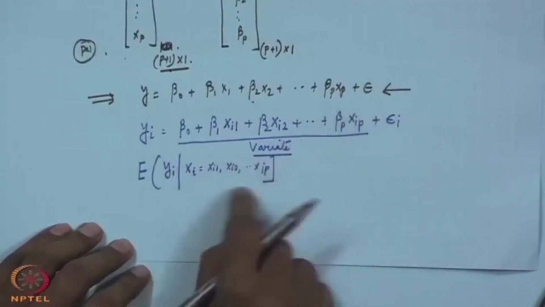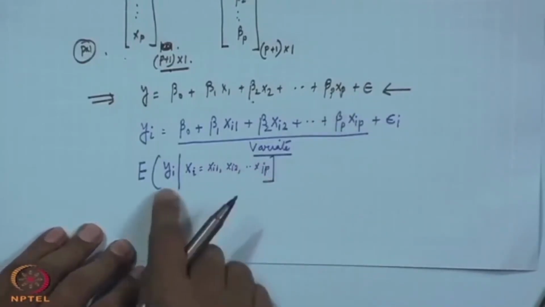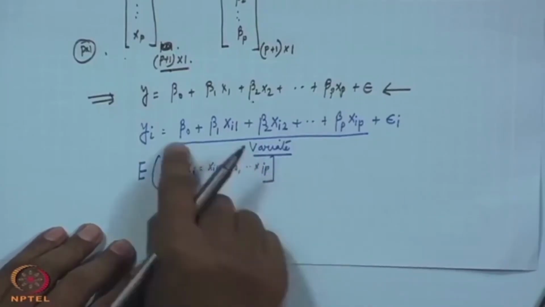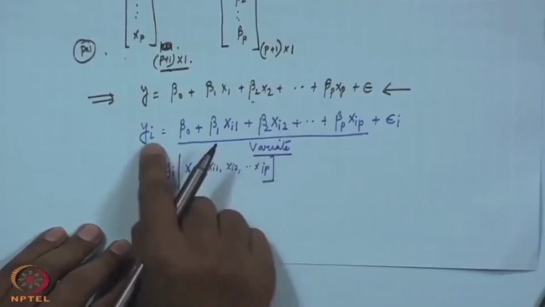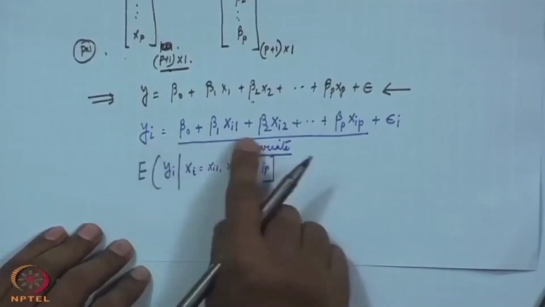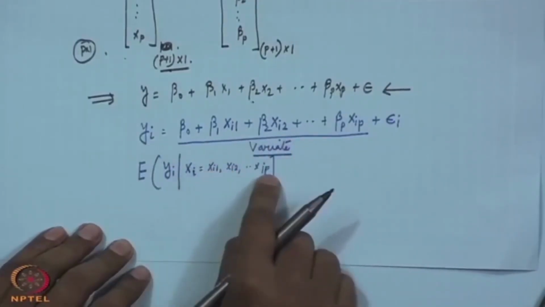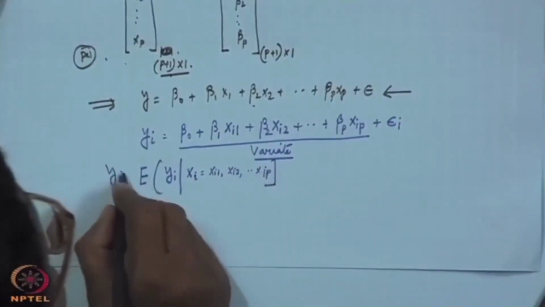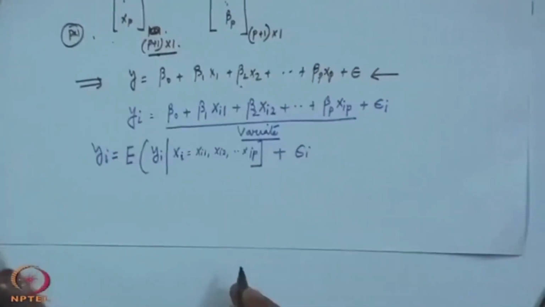As we do not know what these IVs are for the ith observation, we also do not know what the yi value will be. But by this variate we are saying what the expected value of yi will be if you collect the ith observation xi1 to xip. Okay. And then yi equals this plus epsilon i.